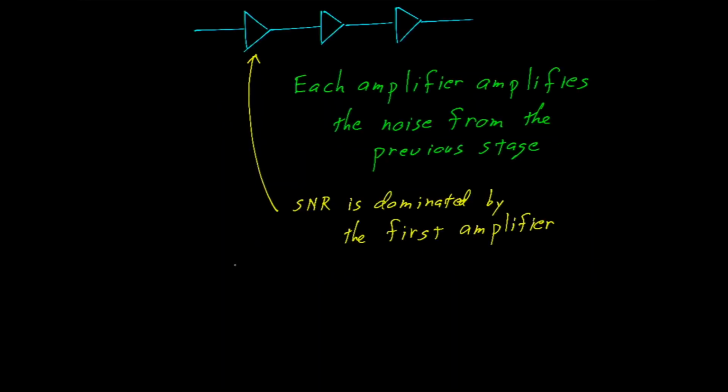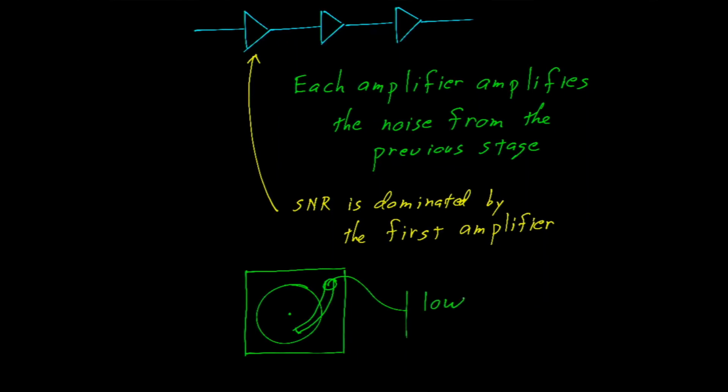That is a fact applicable to everything from your home hi-fi, especially if you're still using vinyl. That first stage is critical before you send the signal to the power amplifier.